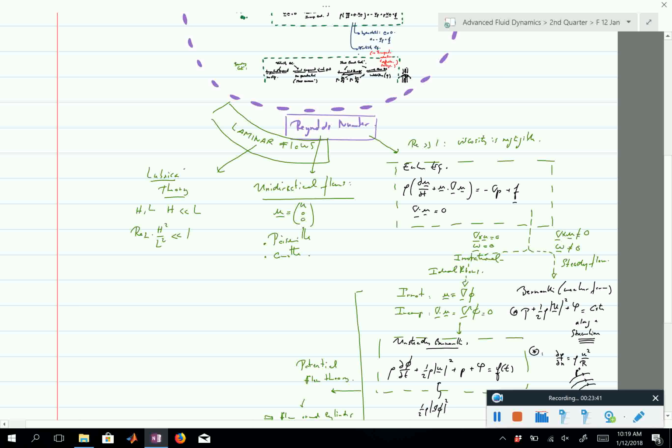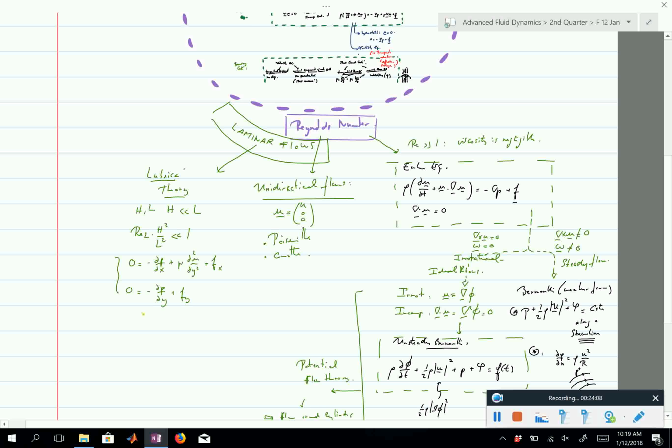And then the Navier-Stokes equation reduces to 0 equals minus dp/dx plus mu times the second partial derivative of u with respect to y, plus eventually the body force in the x direction. And in the direction across, you have minus partial p over partial y plus f of y, right?